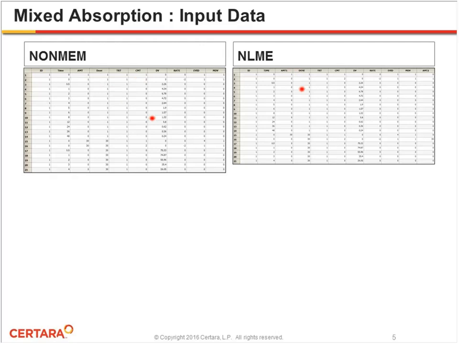Then you have a treatment column that you have the same here in NLME. You have the DV column, dependent variable. This is the actual observations, the PK concentrations. Same here in NLME. Then we have a rate column, and this you see for the second compartment has a value of -2, and that specifies the zero order absorption, and that is defined with the duration. So this is how it's set up in NONMEM.